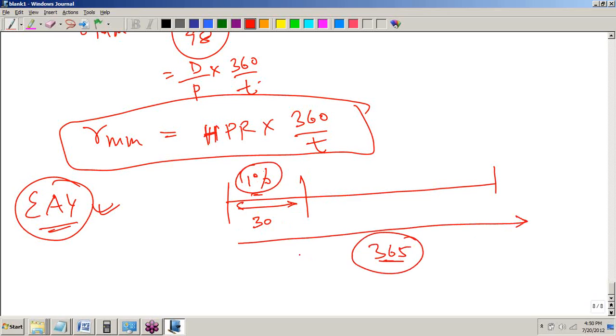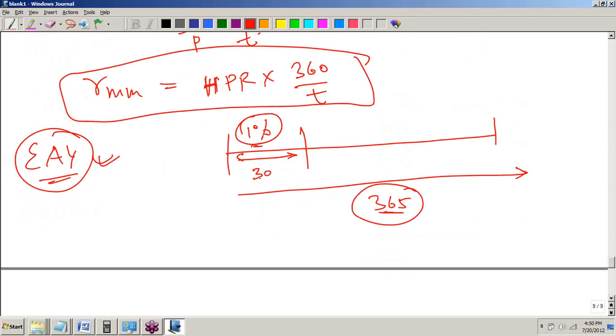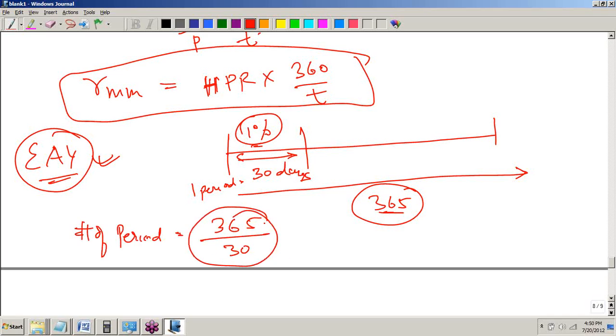That is the idea. So in this case, we have to find out how many periods are there. So one period is how much? This is 30 days. So one period is 30 days. I need to find out how many periods. So the number of periods, can I say that it is 365 by 30?